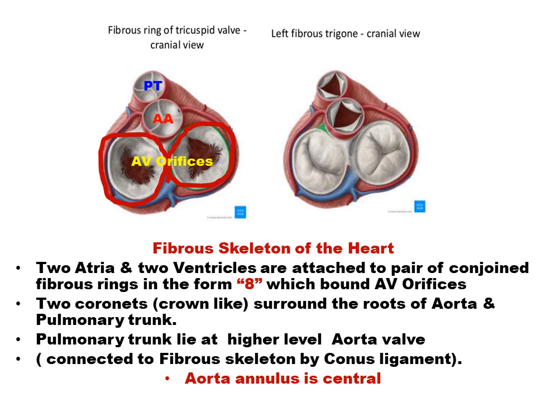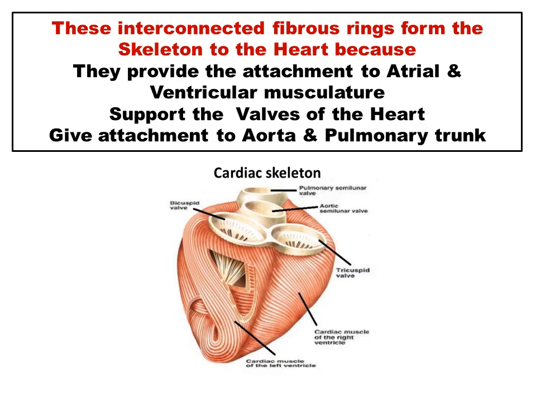The pulmonary trunk lies at a higher level than the aortic valve, and it's connected to the fibrous skeleton by a conus ligament or the infundibular ligament. Aortic annulus is central. These interconnected fibrous rings form the skeleton of the heart.